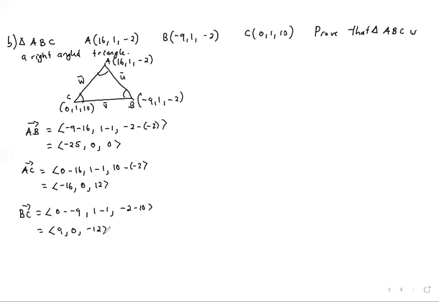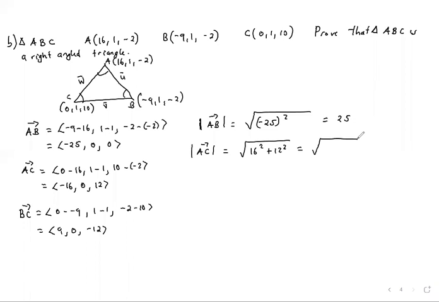Now let's get the absolute value of AB, the magnitude of AB. That's the square root of -25 squared, since other coordinates are zeros. So we'll get 25. And then AC, 16 squared plus 12 squared. 16 by 16 is 256 plus 144. We get 400.